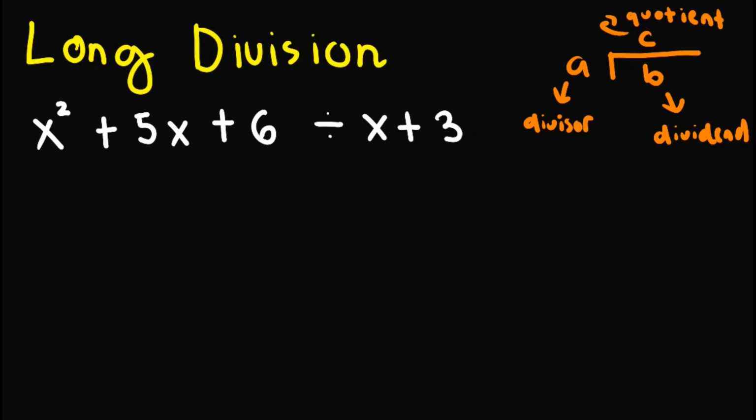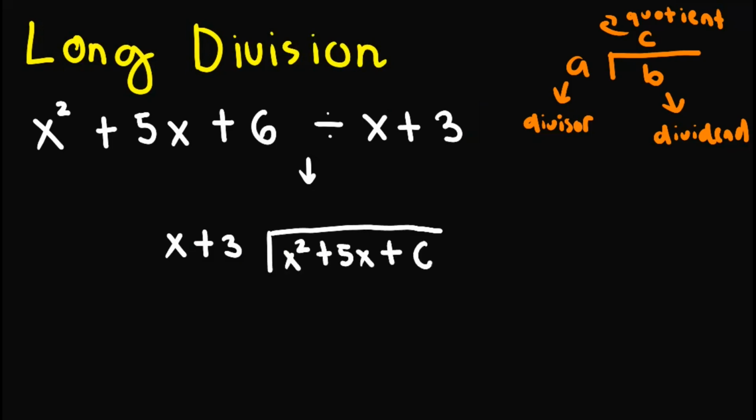That is, we first write this one as x plus 3, and out here we put in the dividend, which is x squared plus 5x plus 6. Now the next step is to divide the first term of the dividend by the first term of the divisor.